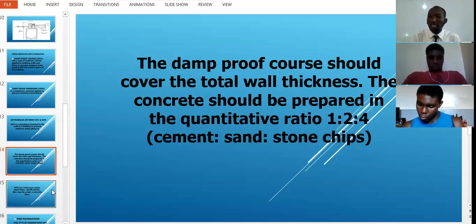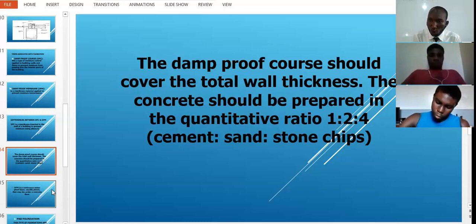When you are constructing a damp-proof course, it should cover the total thickness of the wall because you are protecting the wall. So any part of the wall must be protected.